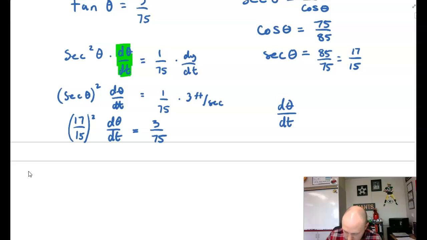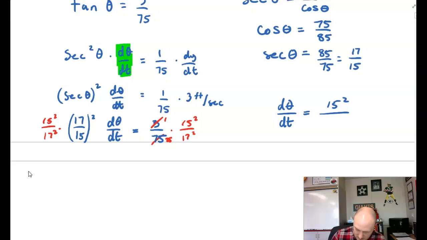So d theta dt is equal to, well, I'm going to cancel this out. I'm going to multiply by the reciprocal. So 15 squared over 17 squared on both sides. And we end up with, if I reduce this by 3, 1 over 25, we end up with 15 squared, which is 225, times 25 times 17 squared.